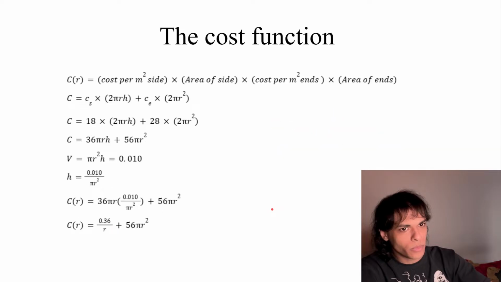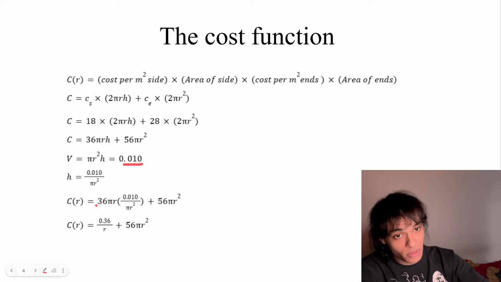In order for us to figure this problem out, the first thing we need to do is isolate the h. By isolating the h, we get the volume formula to write the h. Basically, the volume is equal to pi r squared h, which is equal to the number we're already given.